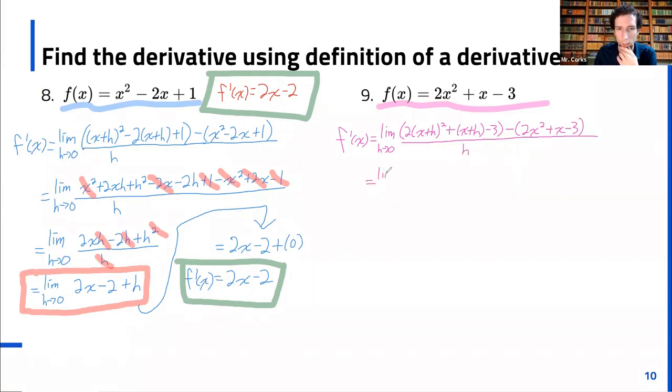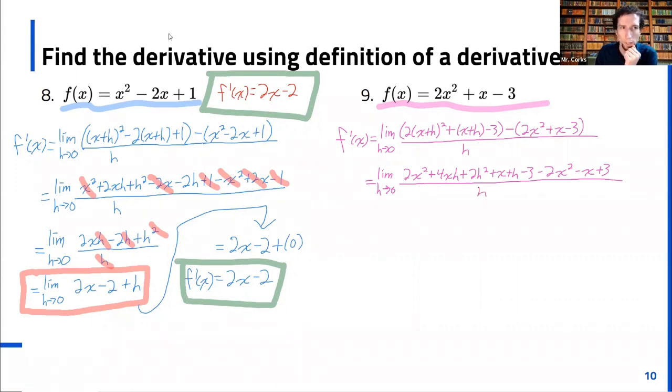And then if we expand all of those parts, can you tell me what? Yes, 2x squared plus 4xh plus 2h squared plus 8 plus x plus h minus 3, minus 2x squared minus x plus 3, all over h.